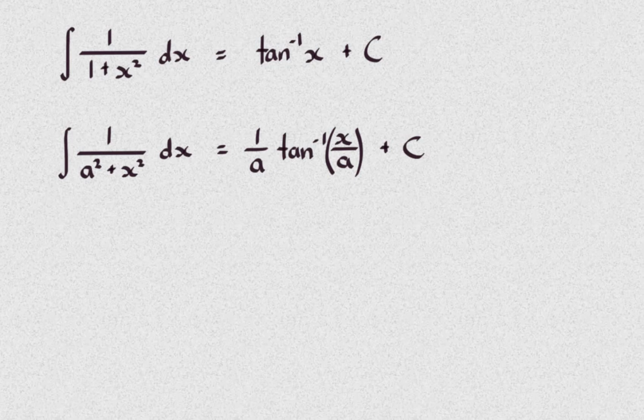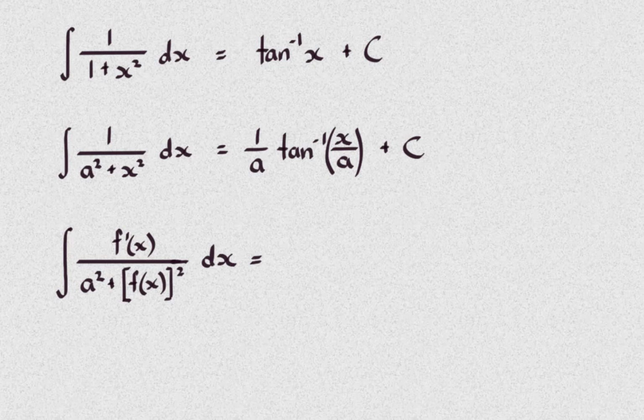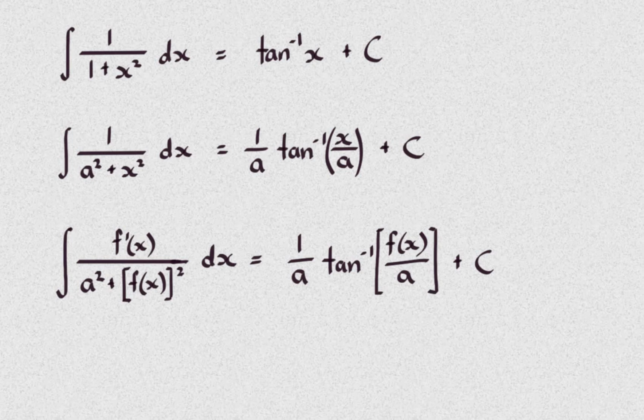Finally, if we have some other function of x, so our integral looks something like this, then our solution is 1 on a inverse tan of our function of x on a. And it is this final expression that is on our reference sheet.